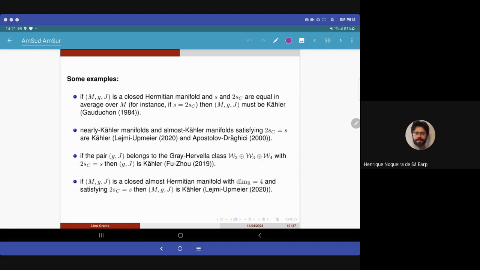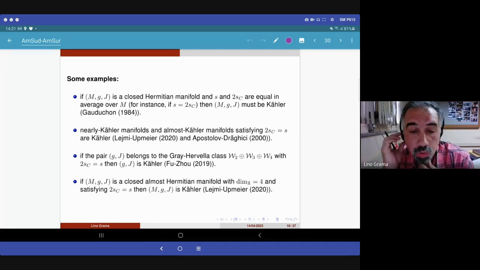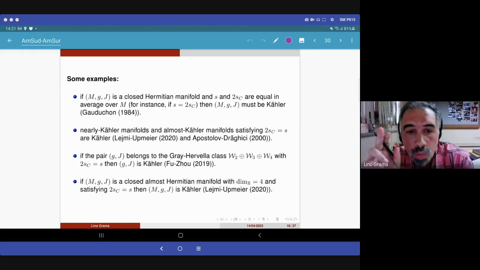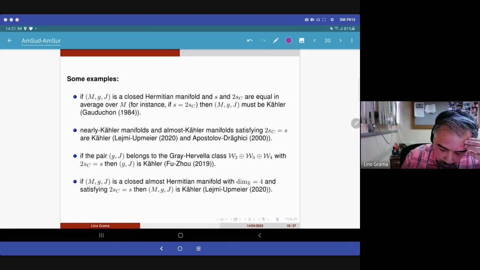Lino, can I ask a quick question? Sure. So about the first statement, this is about Gauduchon, right? Yeah. So this is saying that the only interesting remaining cases are non-compact, right? Or you have non-Hermitian, because this is a Hermitian manifold.